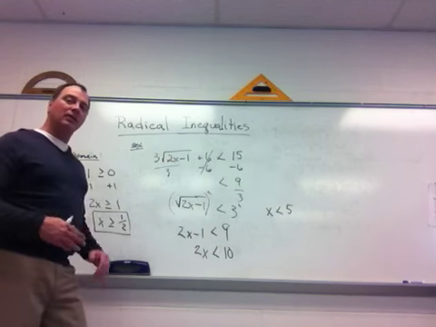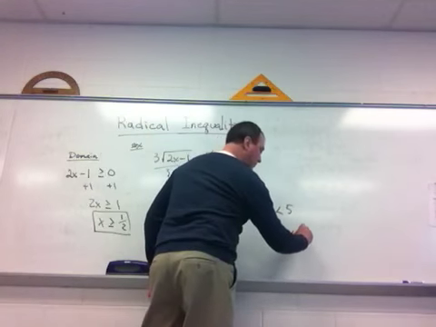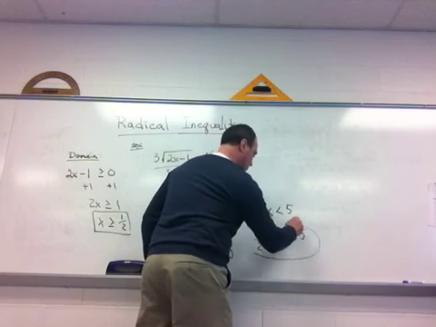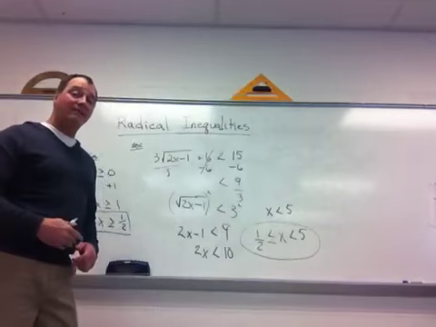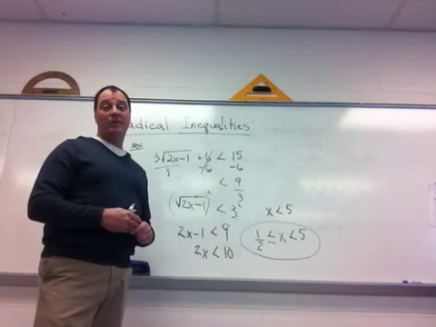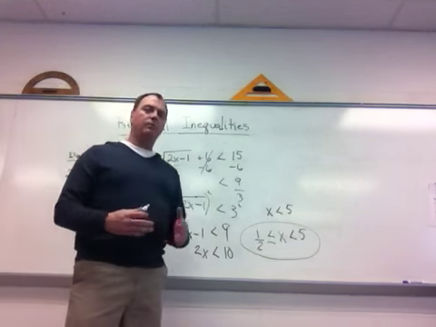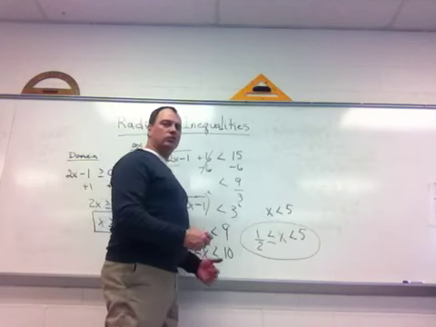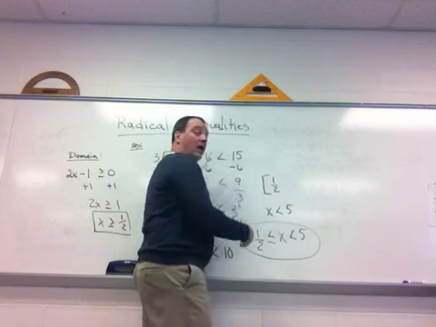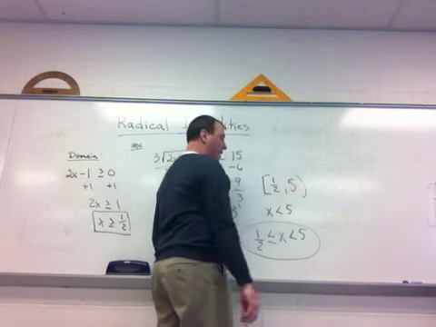And so my solution looks like an interval. X would be between 1/2 and 5. So my answer would be 1/2 is less than or equal to x, which is less than 5. That's called an interval. There's another way to write an interval called interval notation, and just for kicks, I'm going to show you what that would look like. Interval notation would have a bracket with 1/2, then a comma, and the 5 would have a parenthesis.